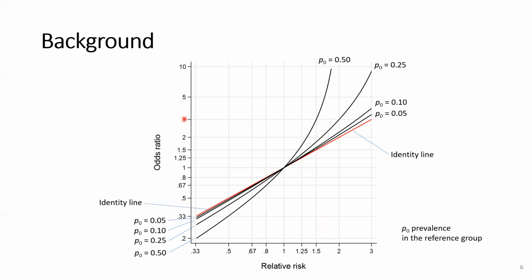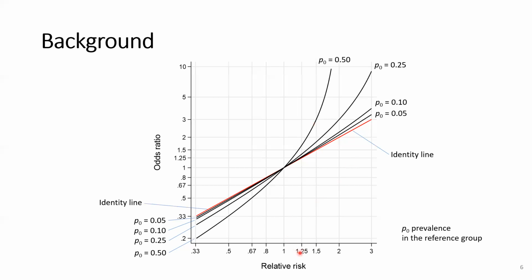So this is a kind of problem. When we get an odds ratio of 3, sometimes we think that the risk is 3 times higher than the other, but it's not true. The odds is 3 times higher than the reference group.